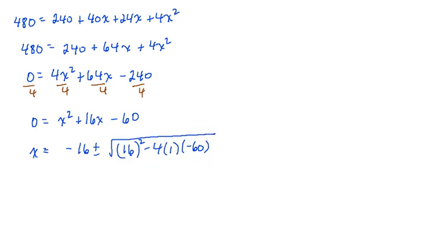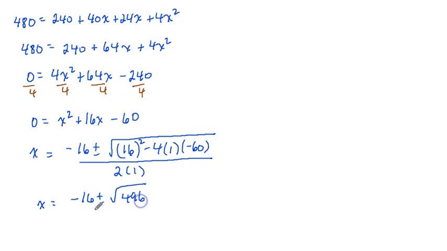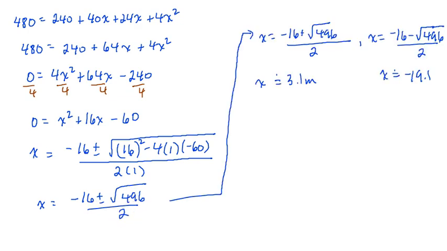I've slightly adjusted my root sign there, and I've got 2 times 1 in the denominator. So we'll have 16 squared, which is 256, plus, because of the double negative here, 240. So we wind up with x = (-16 ± √496) / 2.